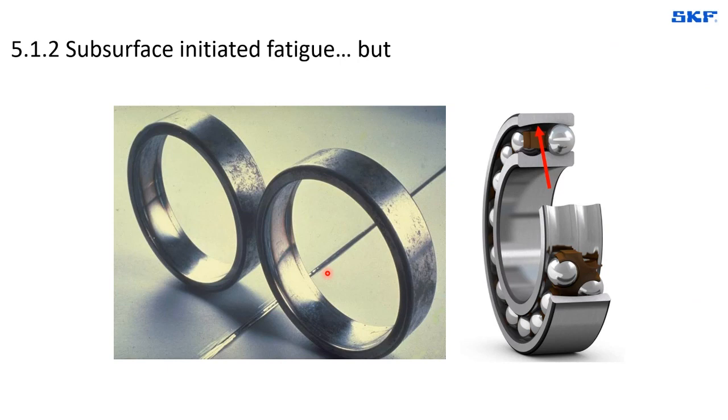So we can basically overload the bearing in different ways that are not normal and also create a subsurface fatigue failure mode. So we can say this is not normal. This subsurface fatigue should not have happened if the ring was not mounted on an oval housing.